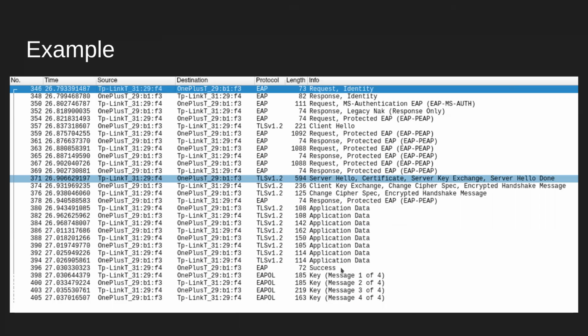That means the server has authenticated the client, and then the access point and the client use the key from the TLS session as a pairwise master key to do the four-way handshake. And after that, you have a PTK and a GTK appropriately set up, and you've authenticated via WPA2 on an enterprise system.